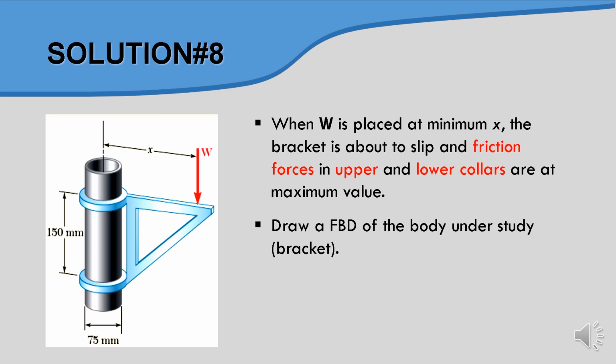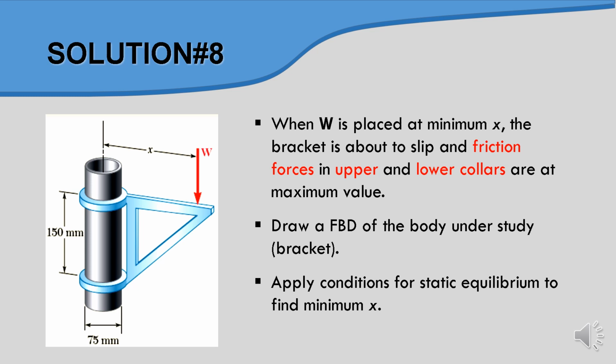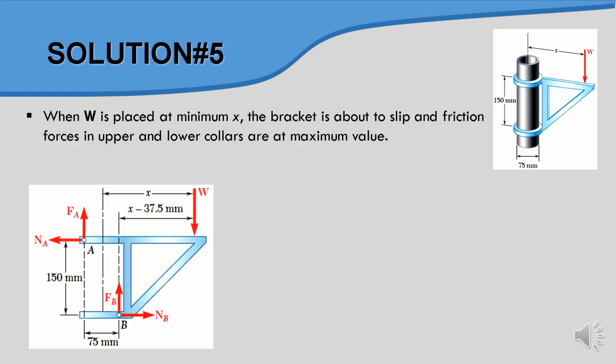Then we produce a free body diagram of the bracket contact with the cylinder, and apply the condition for static equilibrium to find the minimum X. Okay, so let's see what happens. First, we produce a free body diagram. Once we apply an external force here, and here is the cross sectional area of the cylinder, the point contacts will produce forces here and here.